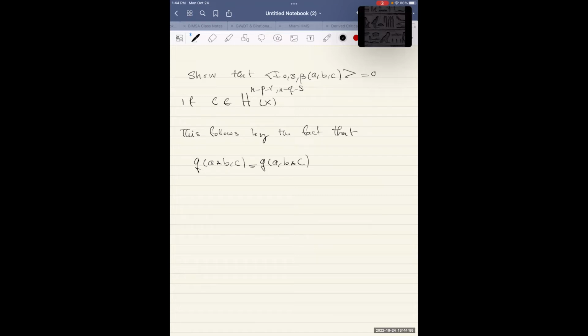This is equal to summing of I_{0,3,beta}(A,B,C) q to the beta. This follows from that. Okay.